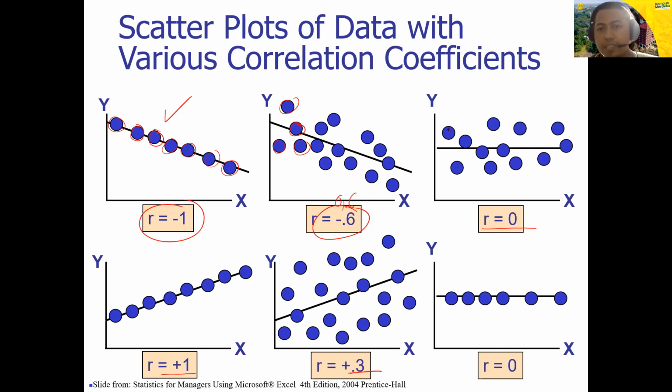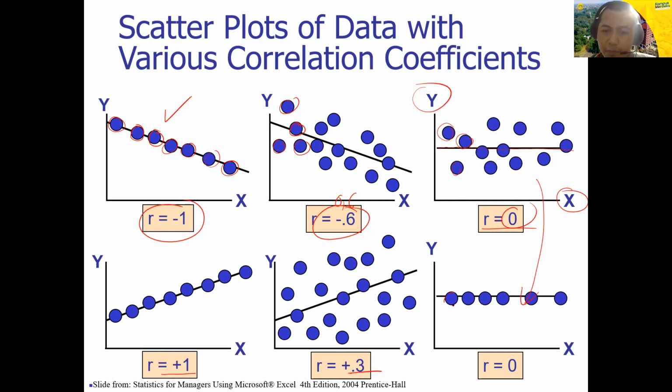But in this case, the data is stretched, but it's horizontal in terms of the x component. You can see here the data is horizontal and doesn't affect the vertical direction, and then the correlation coefficient is 0. And it's a similar meaning with this one.